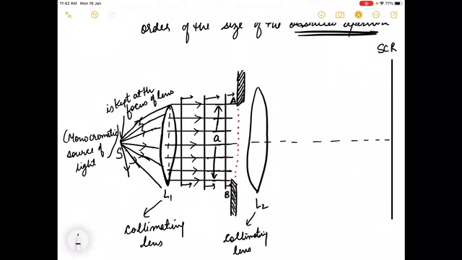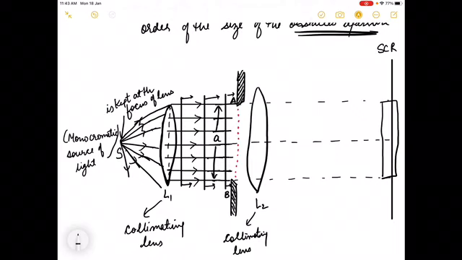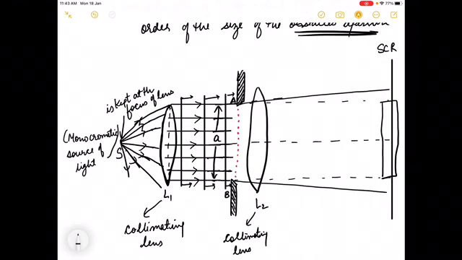So what is going to happen, we will see. Normally, the expectation is that we are supposed to see only this much bright fringe. But as we can see, the light actually bends, so we will see more than that.